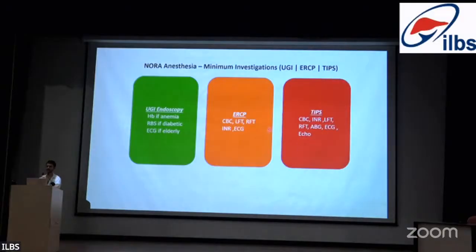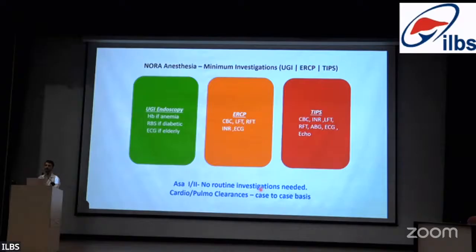And for TIPS, it is a very high-risk procedure, and patients can land up in RV failure post-TIPS. So we would like to have an ECG and a baseline echo for TIPS patients. For ASA 1 or 2 patients, that is patients coming with simple symptoms of GERD, etc., we don't ask for routine investigations in those patients. And cardiopulmonary clearances on a case-to-case basis, depending on pre-existing comorbidities, are mandatory.